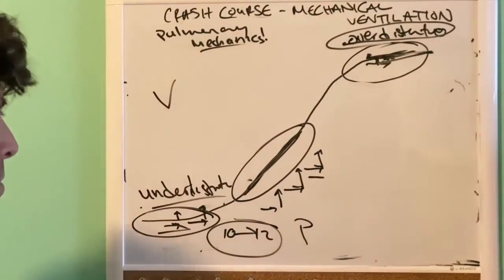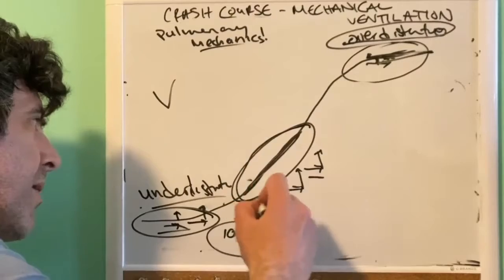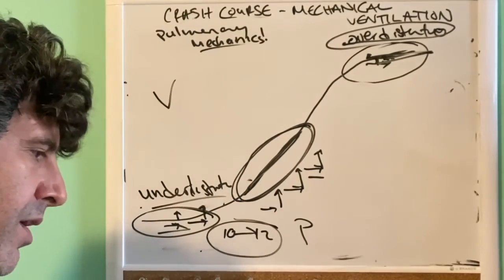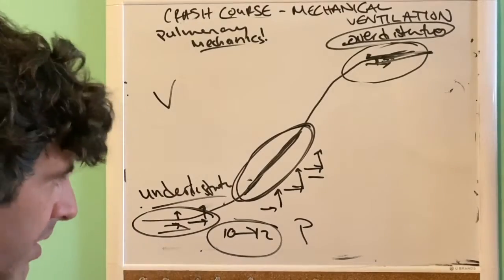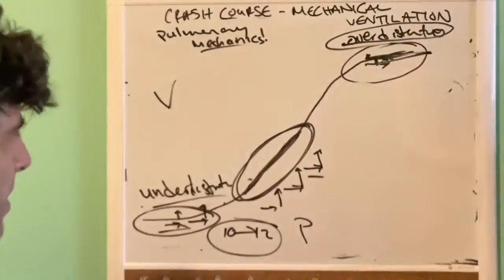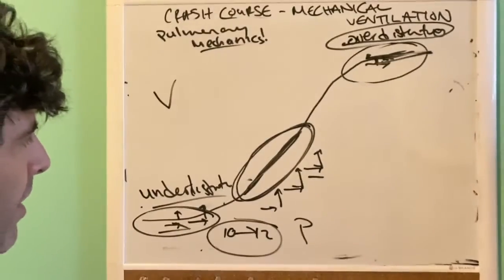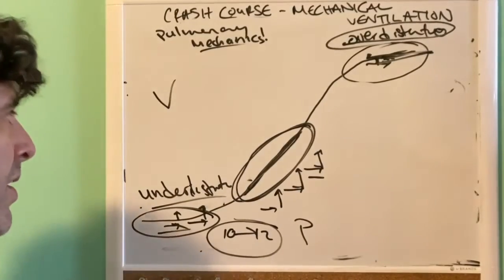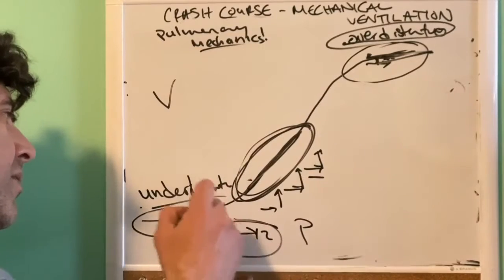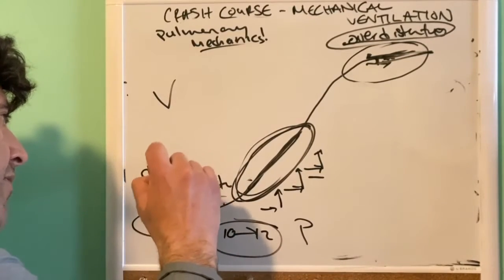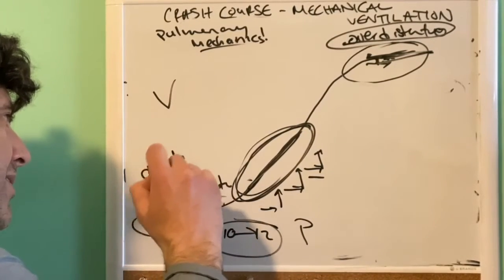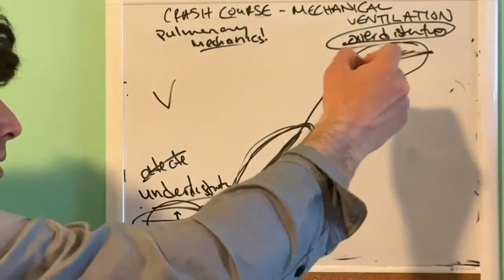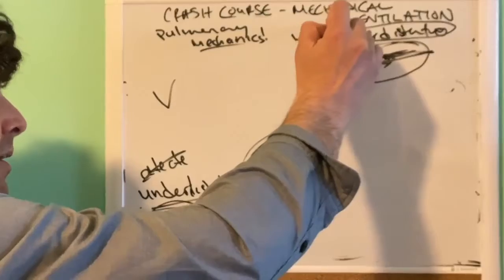When you're talking about how much PEEP to give, or how much pressure, APRV, we can talk about that later, but generally when you're talking about where you want someone to sit and how much PEEP you should give, you really want them to be here. You don't want them underdistended, where they could get atelectrauma, or overdistended, where they can get barotrauma.